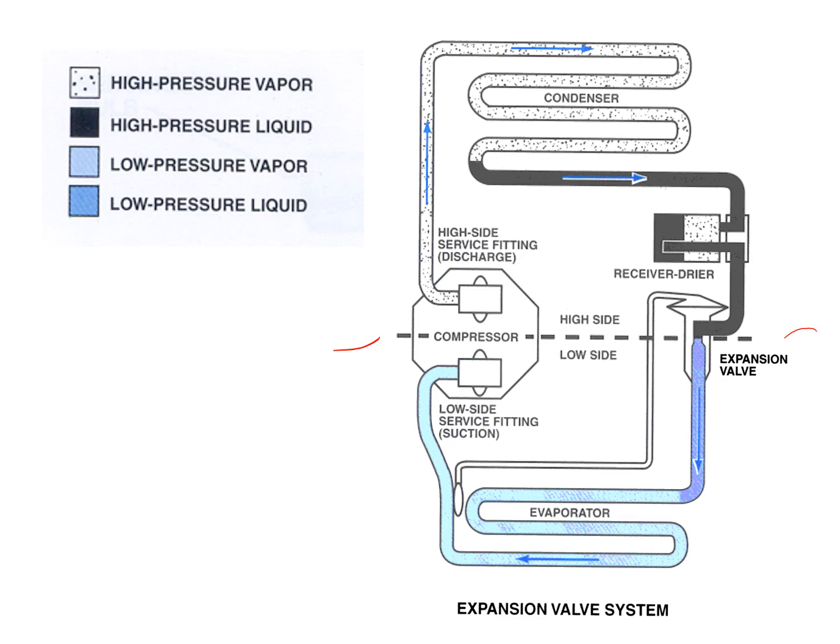On the low pressure side, the liquid refrigerant goes in. It starts to get into the evaporator. The evaporator has warmer ambient air flowing across it, so the refrigerant wants to vaporize, and it's going to start to absorb the heat out of the air.